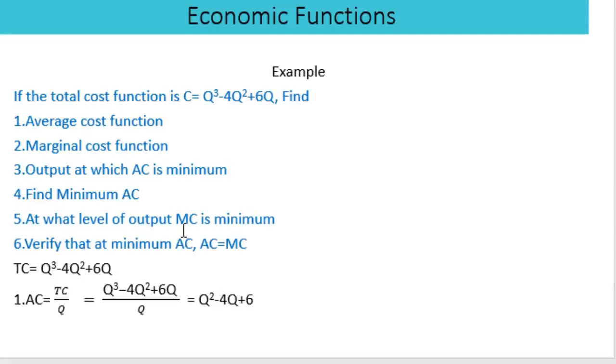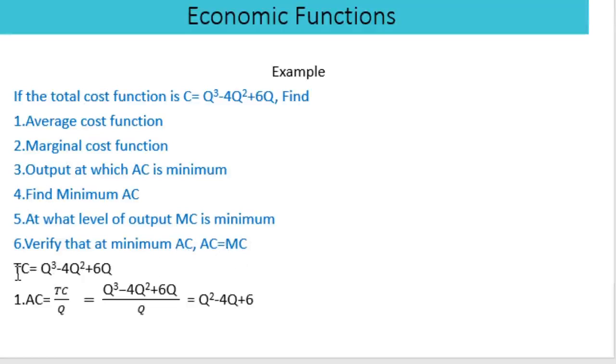Then find the marginal cost, then find the minimum MC. In this case also apply the two conditions, first order and second order. Find the value of q when MC is minimum. Then also see whether, when AC is minimum, AC equals MC.